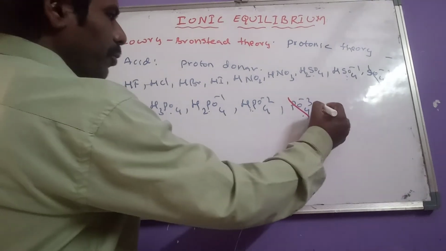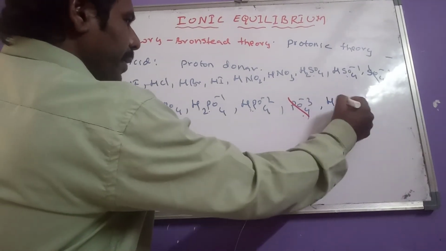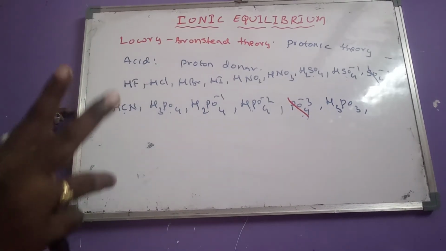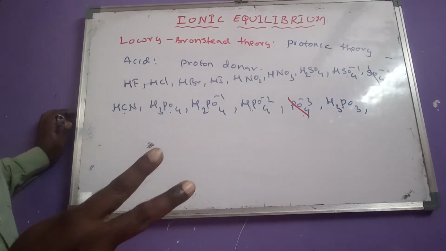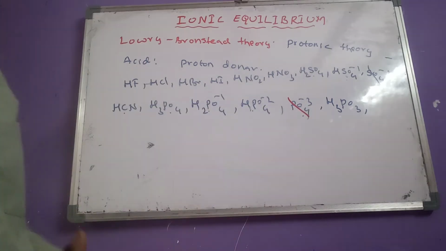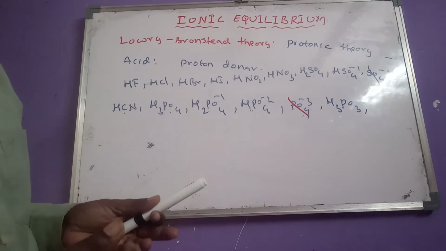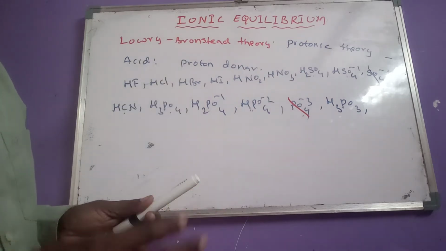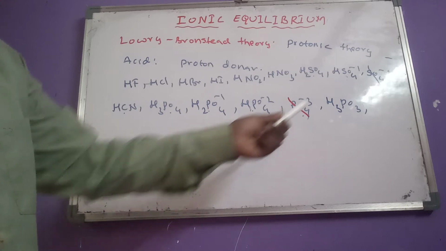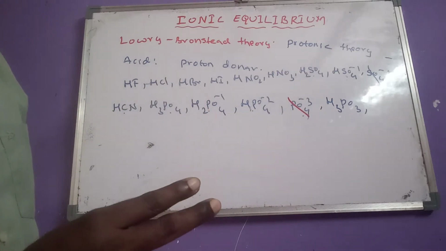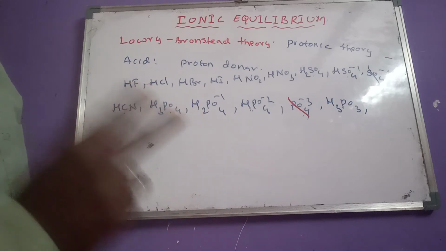Now come to another one, H3PO3. It is a dibasic acid, meaning it donates only 2 H plus. Of course, 3 hydrogens are there, but the third hydrogen is directly bonded to phosphorus, so it could not donate 3 H plus, only the 2 H plus ions bonded to oxygen atoms.